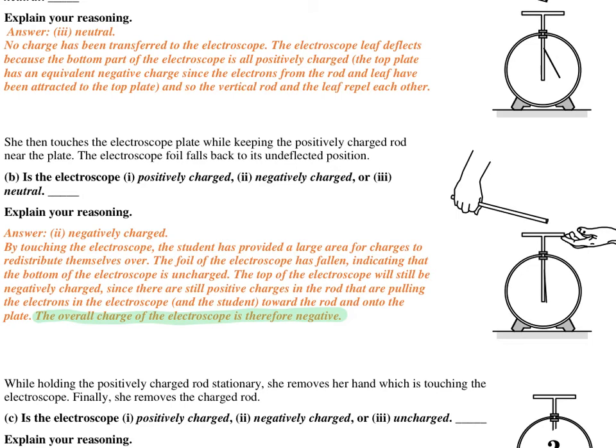Charge was added. It was transferred to the system. And if it was negative charge transferred to the system, that means it's negatively charged now. It's not like as soon as she moves her hand, they magically jump back to her hand. There's no reason to think that. She added charge, then she removed the source of that added charge. That charge stays.